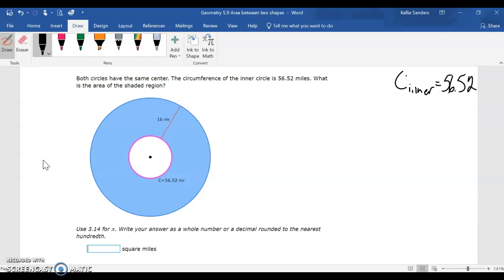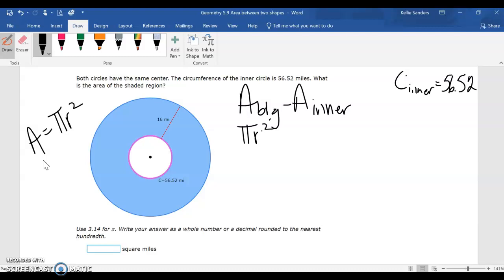So, area of a circle, pi r squared. There's a big circle, and we're going to subtract the inner circle. So we're going to do pi r squared of the big, subtract pi r squared of the little one.